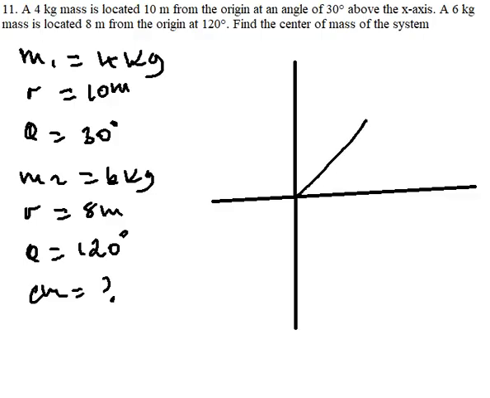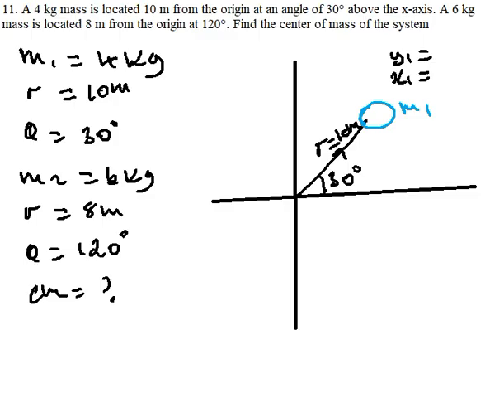This is the object, mass 1, and the distance from the center is given as r, which is 10 meters. So we should resolve this into components in order to have x1, and also in order to have y1.